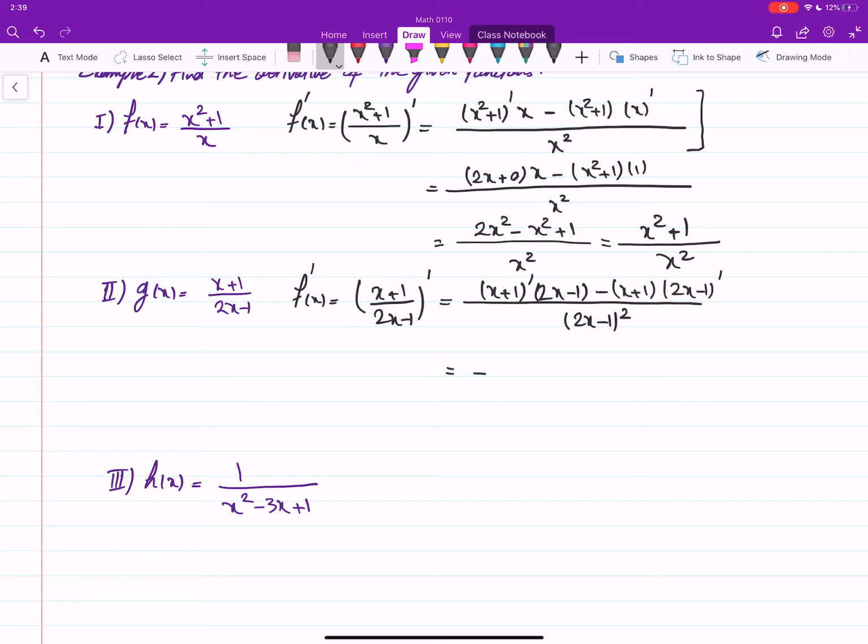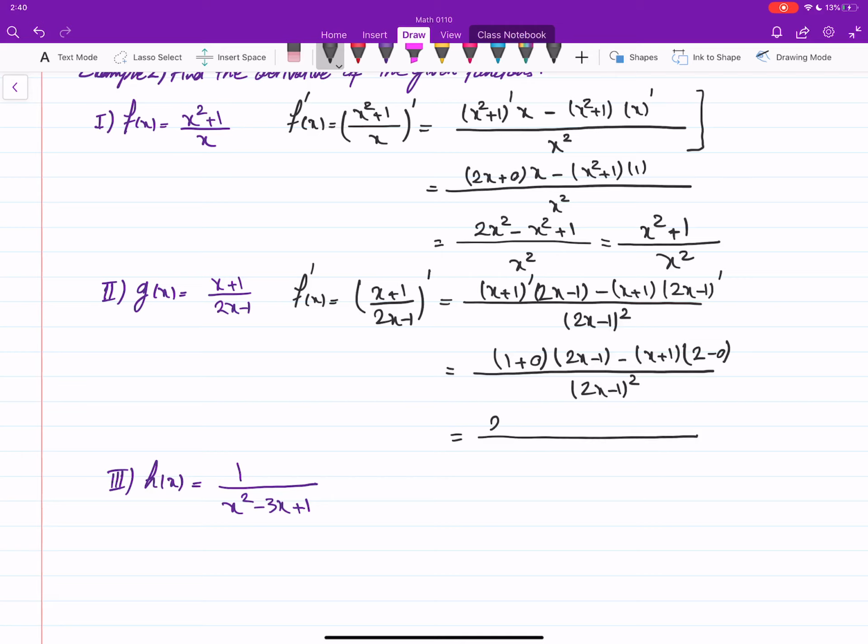Now we find each one of the derivatives written above. The derivative of x plus 1 is the derivative of x, which is 1, plus the derivative of 1, which is 0, times 2x minus 1, minus x plus 1 times the derivative of 2x minus 1, which is 2 minus 0, over (2x minus 1) squared.